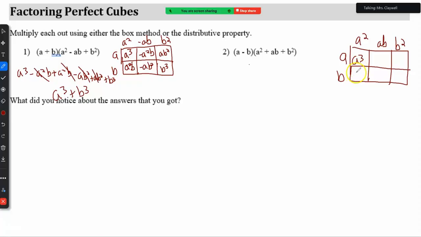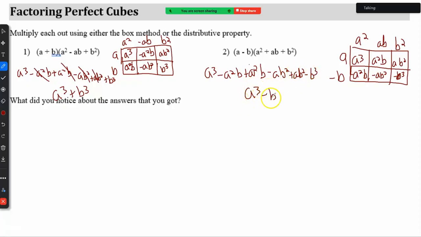If I did the same thing over here, and I try to see what this becomes, I see two patterns.